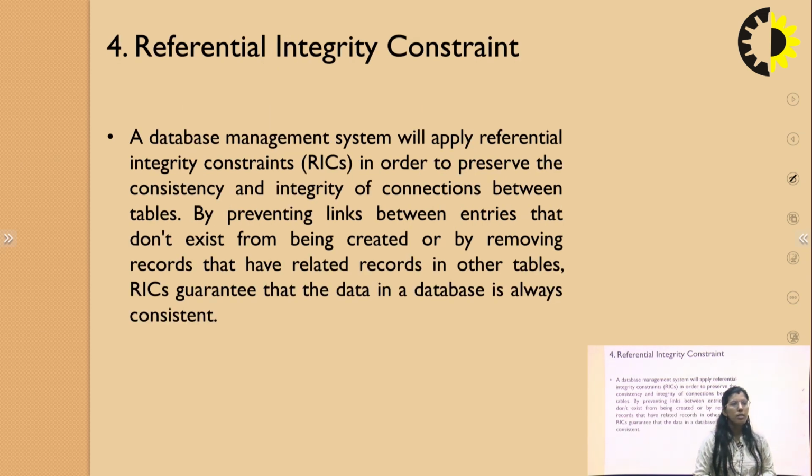Next one is the referential integrity constraint. In order to preserve consistency and integrity between tables, this constraint is used by preventing links to entries that don't exist from being created, or by preventing removal of records that have related records in other tables. It guarantees consistency in the database.